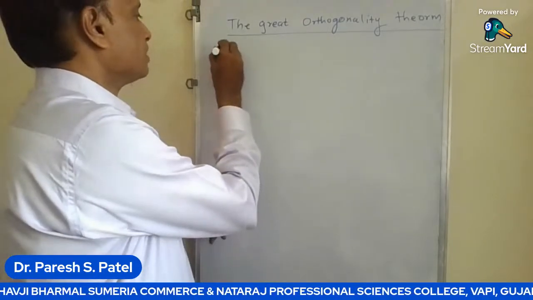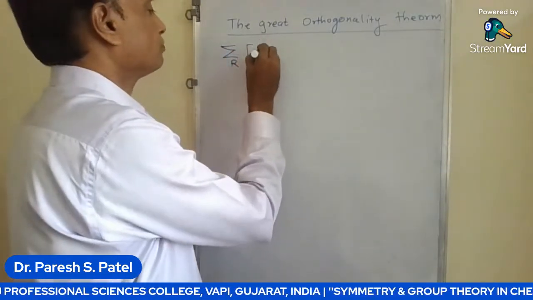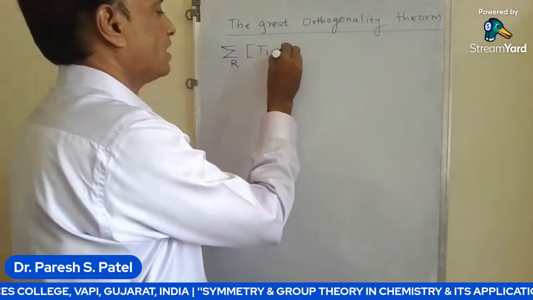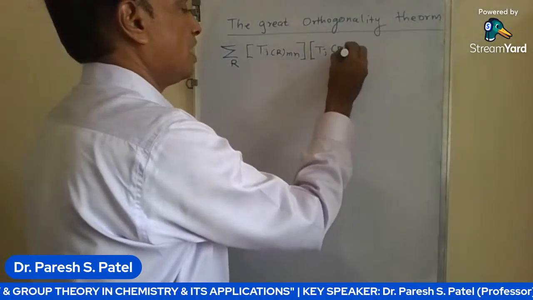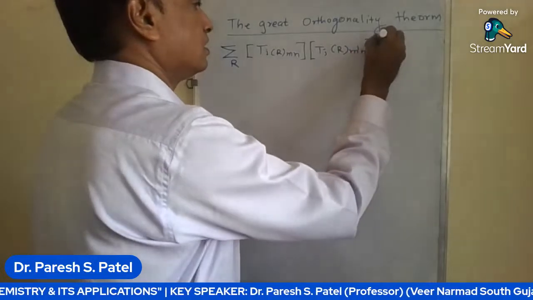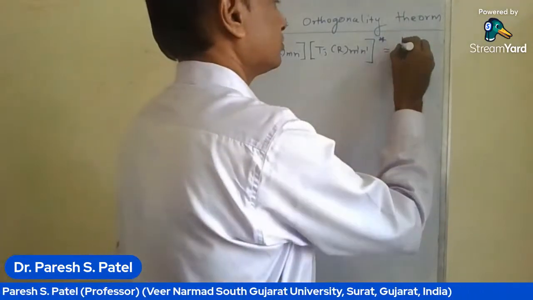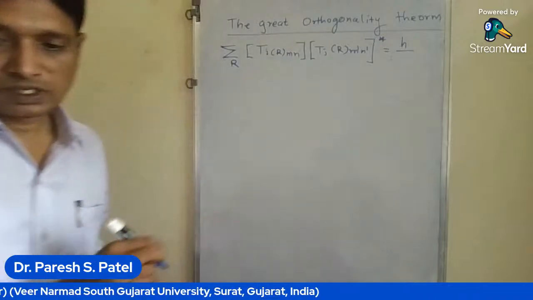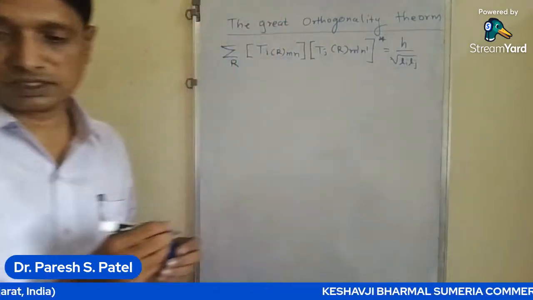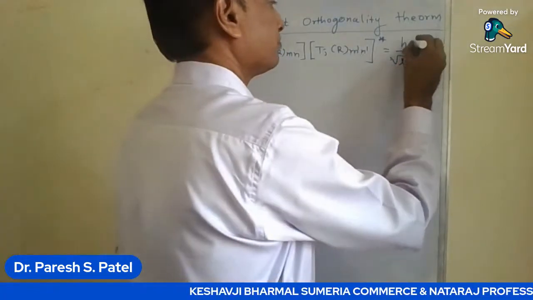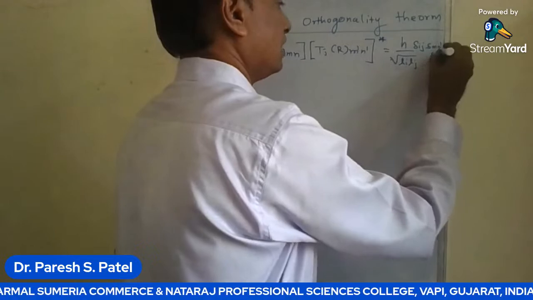The mathematical statement of the great orthogonality theorem can be represented as the summation over R of Γi(R)mn times Γj(R)m'n' complex conjugate, is equal to h divided by the square root of li lj, times delta ij, delta mm', delta nn'.